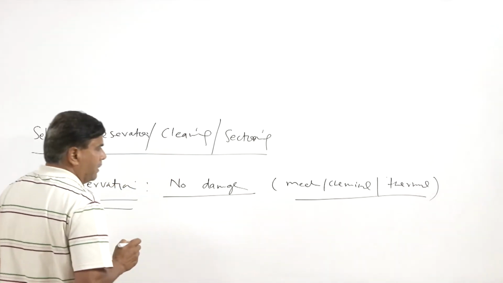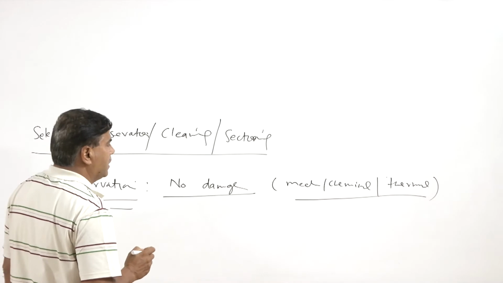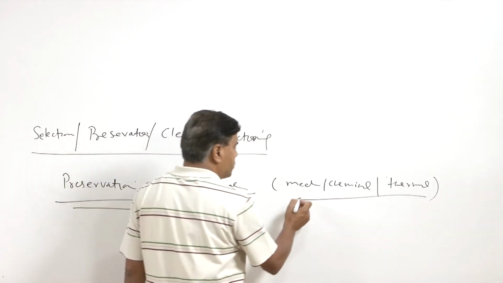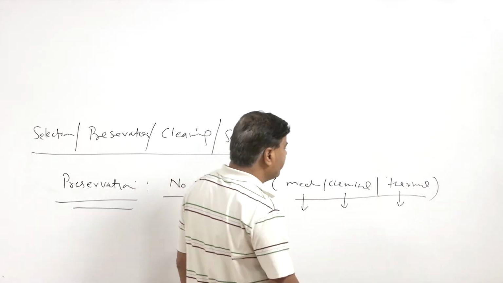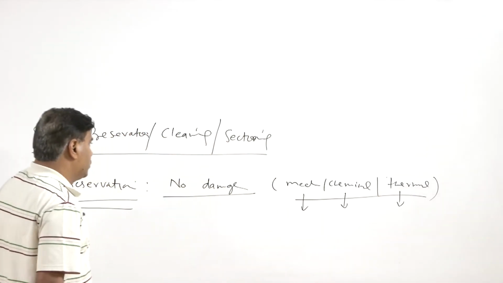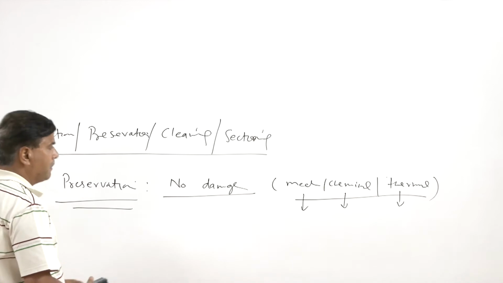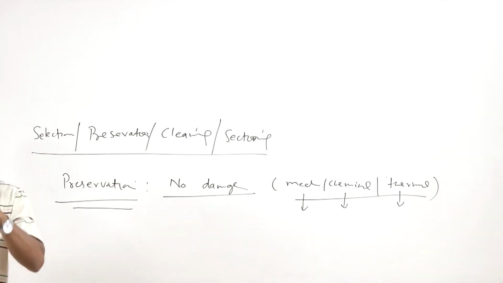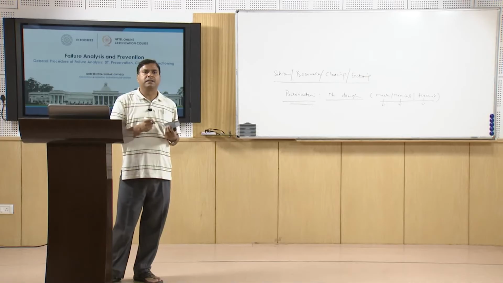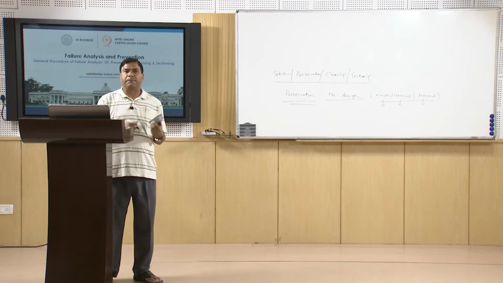There are three types of damages which can occur: chemical, mechanical and thermal. So, how do the mechanical damages take place? There are a few possibilities, like the failed components may hit each other and so they may get damaged further.